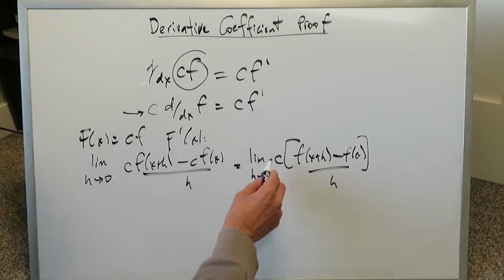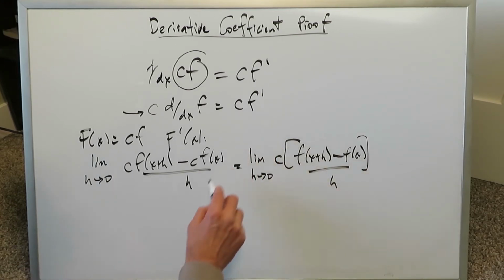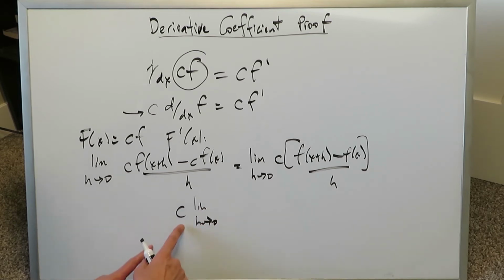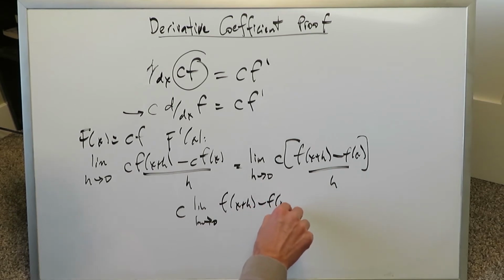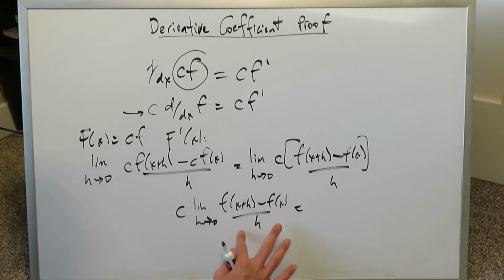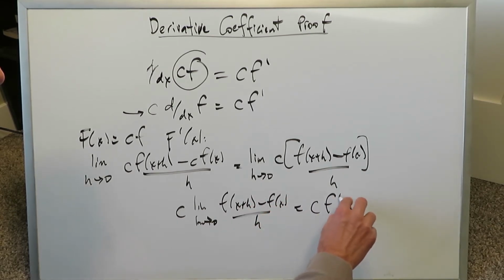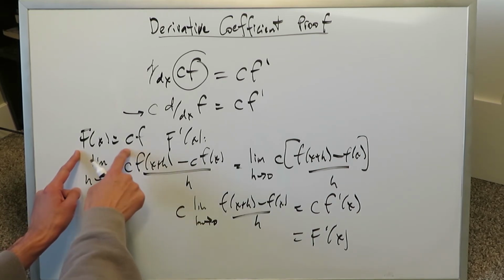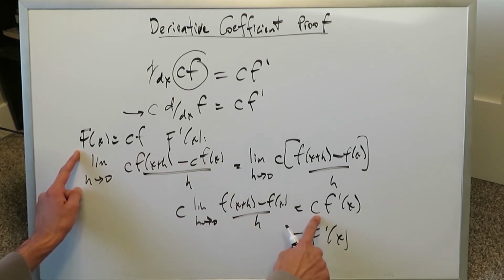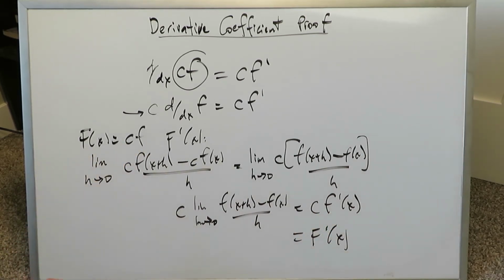When I isolated the constant, I could use the constant multiple rule of limits and push it outside, and my end result was this: c, limit as h approaches 0 of f of x plus h minus f of x over h, which is the derivative of f. This here represents the derivative of the original function we were looking at, which was cf. And the derivative of that would be right here, c times the derivative of f of x.